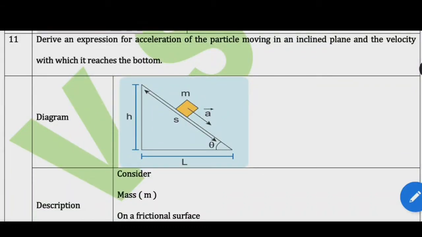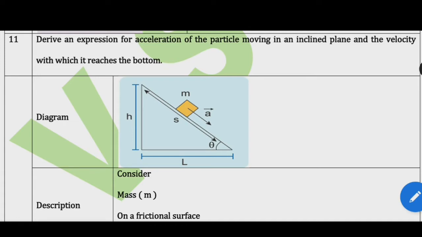Good morning, students. Let us study the lesson Laws of Motion and the topic acceleration of a particle moving in an inclined plane and the velocity with which it reaches the bottom. Now we see the diagram.